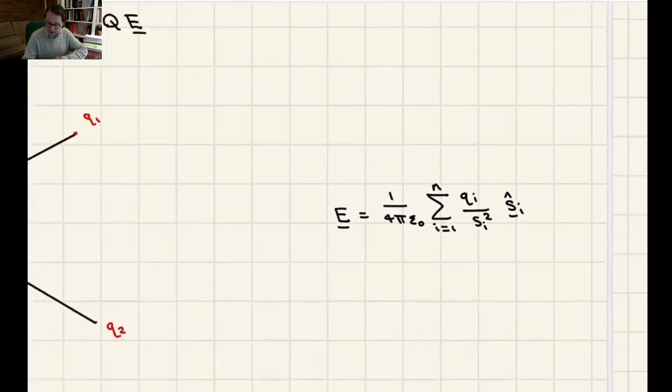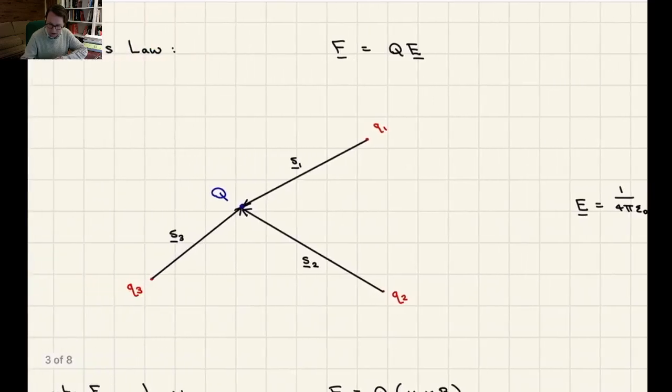S stands for the separation between little q1 and big Q. That gives us S1. The separation vector going from little q2 to big Q is S2, and similarly for S3, but for a third charge q3.